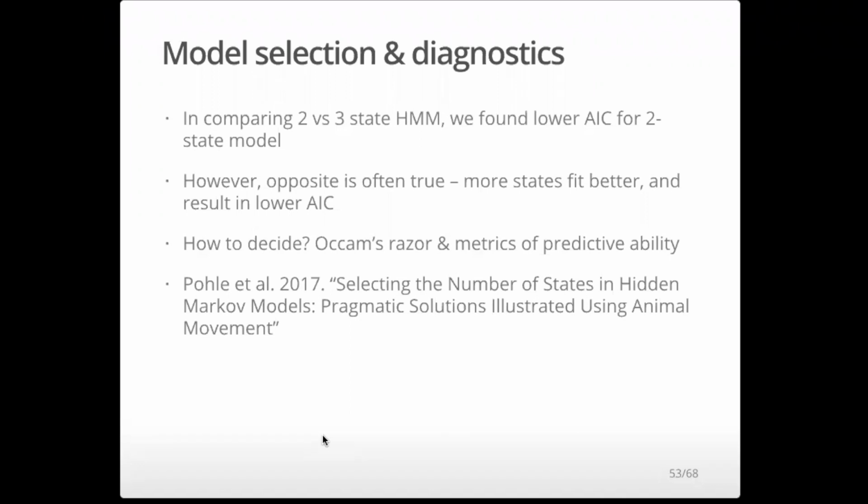the opposite's true. So especially for some of these models with 4 or 5 states, if you start adding states to a hidden Markov model, doing this kind of model selection using AIC will often tend to support models with more states. So if you have a model with 5 states and you try that 6th state, it often will have better AIC support, or 7 states even better.